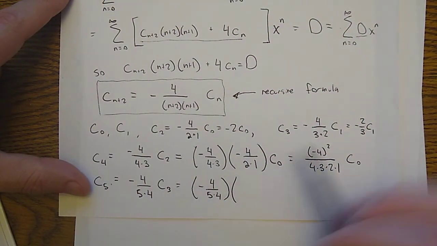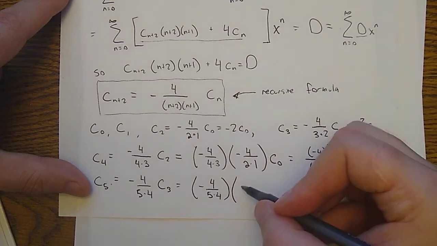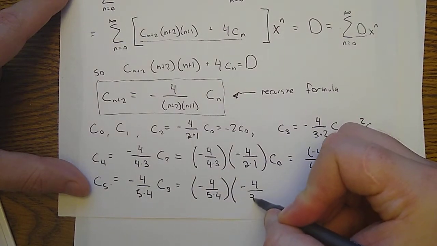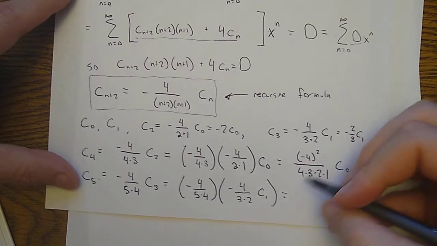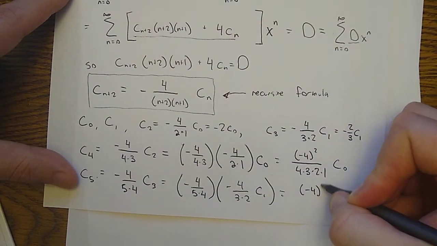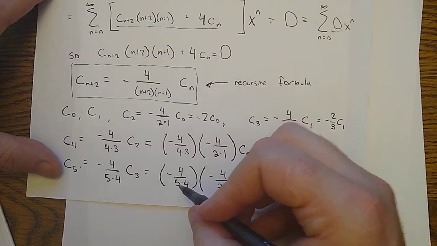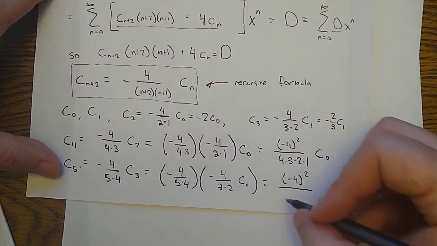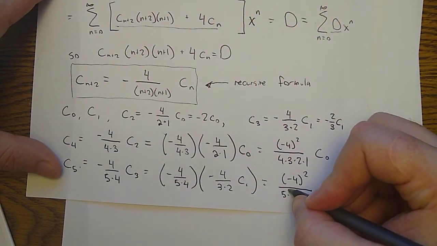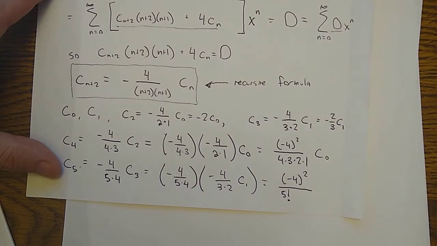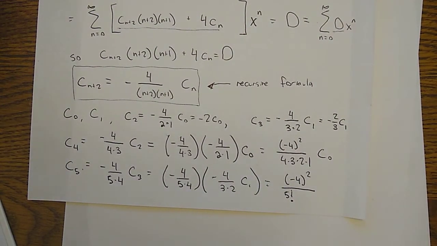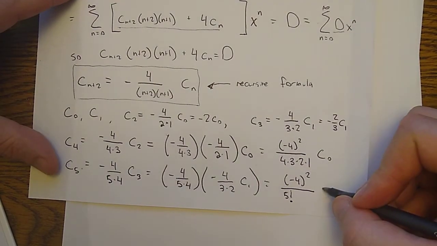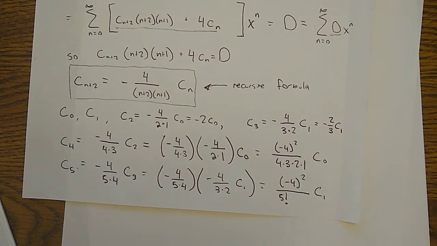But again, I'll replace C3 with this. So I get negative 4 squared over 5 times 4 times 3 times 2, which is just 5 factorial, right? 5 factorial would have a 1, but multiplying by 1 doesn't do anything, so it's the same.